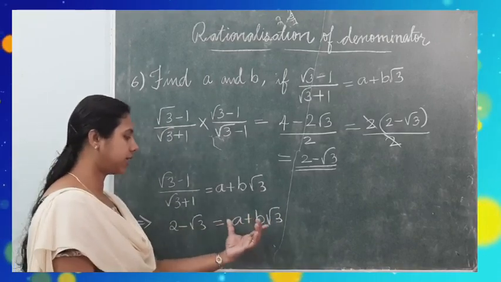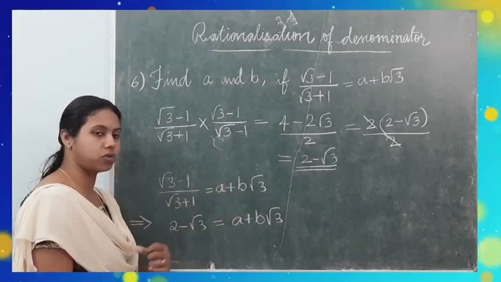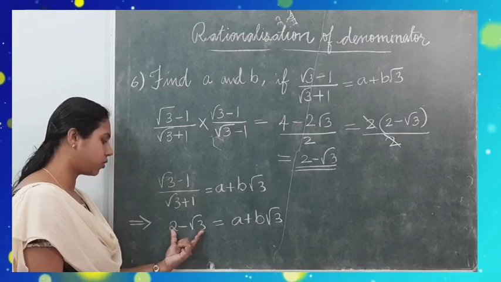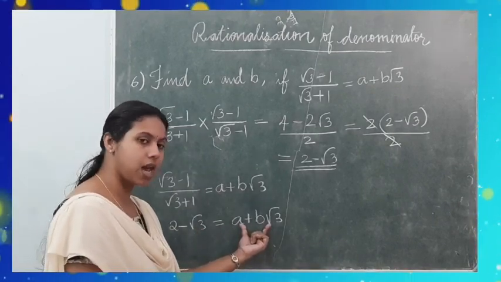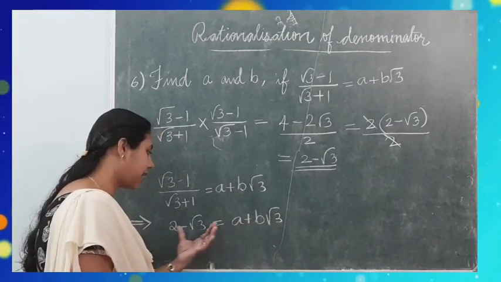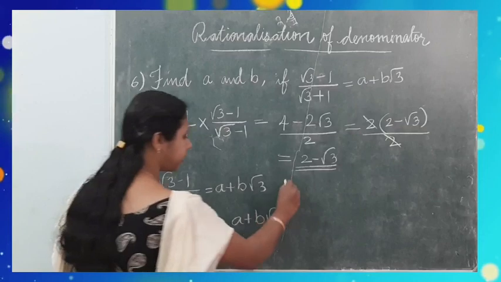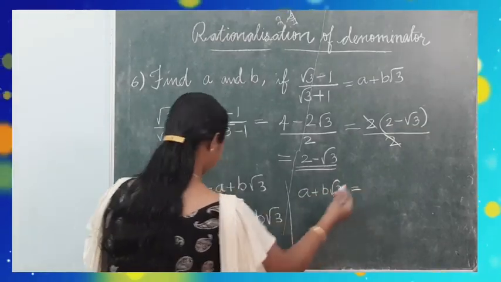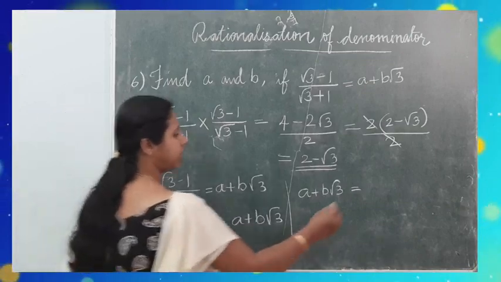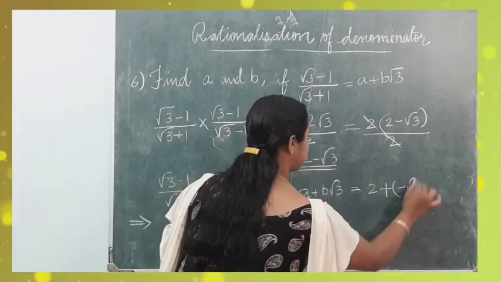So we got this LHS equal to RHS. We know it's already given LHS equal to RHS. So the LHS side is 2 minus root 3, that is equal to RHS side is a plus b root 3. So we can write it in the form of a plus b root 3. That is a plus b root 3 is equal to 2 minus root 3, we can write it as 2 plus minus root 3.